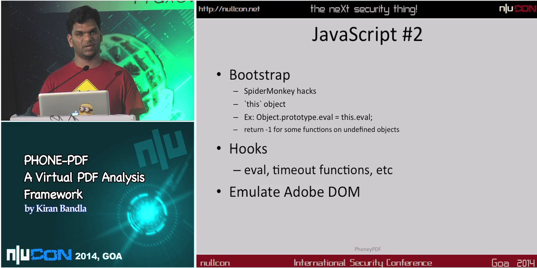And then there's hooks. So the emulated JavaScript actually hooks a lot of interesting functions, eval, obviously, and a lot of the other timeout functions like setTimeout and setInterval and all those other things which are heavily abused by malicious JavaScript programs. And there's, of course, also the XFA DOM. So when you parse the XFA forms in a PDF, even the forms can be accessed from inside JavaScript that's embedded into the PDF.